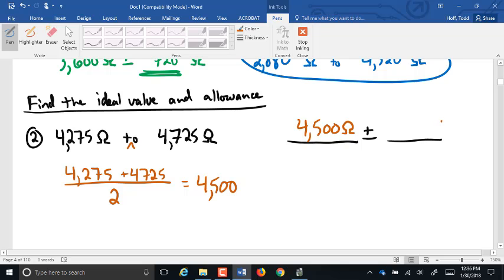Plus or minus, I want to find that as a percent. If you didn't find the percent, if you just put in the number, that's fine for now, but we're going to find the percent. I have to find the absolute allowance first. How do I find the absolute allowance?